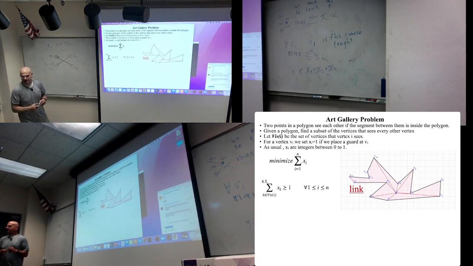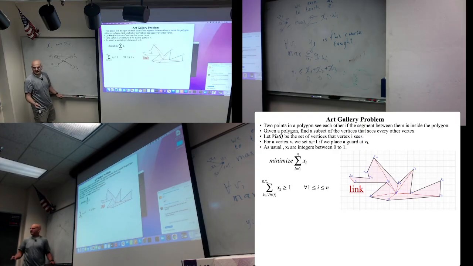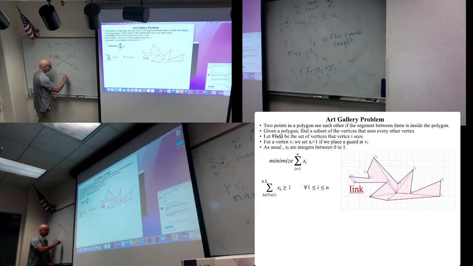if the polygon is convex, how many cameras do I need? Just one camera. Could it be that I need only one camera even if the polygon is not convex? Example? You could just draw a square and then add another point and move it down.